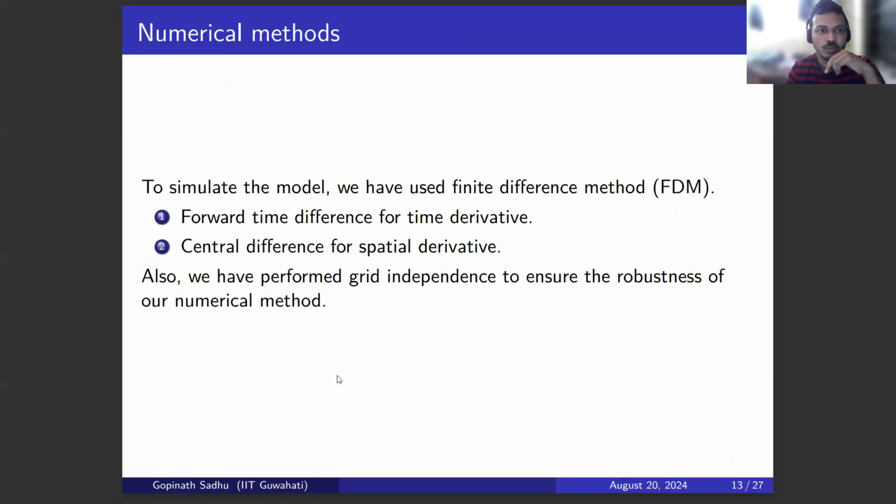So to simulate our mathematical model, we use a finite difference framework. For the temporal derivative, we use the forward time difference, and for the spatial derivative, we use the central difference scheme. And we also ensure the robustness of our numerical method by using a grid independence test.